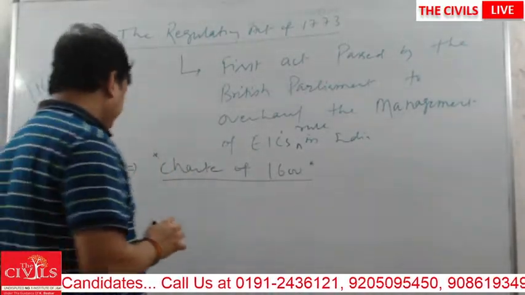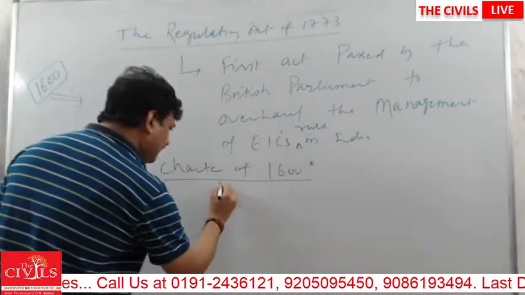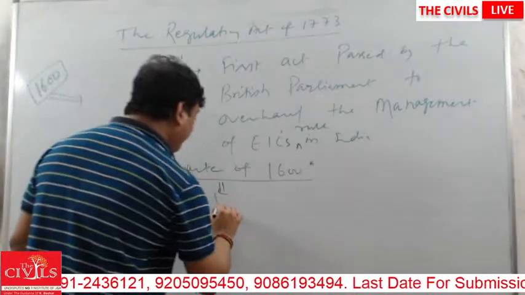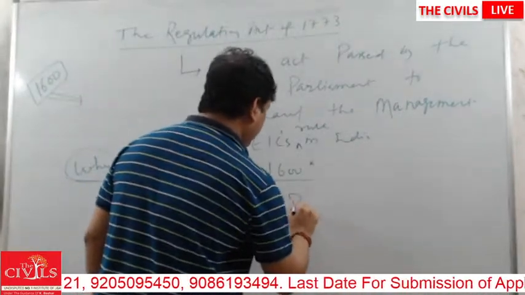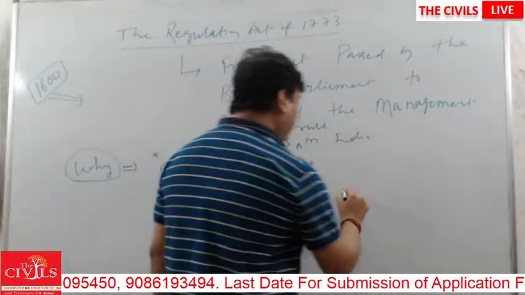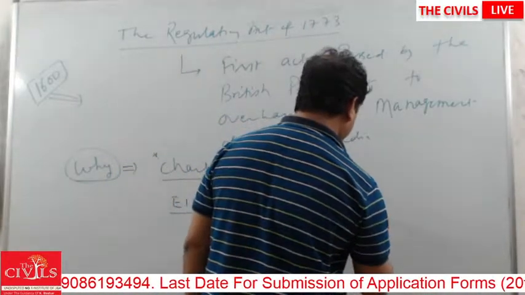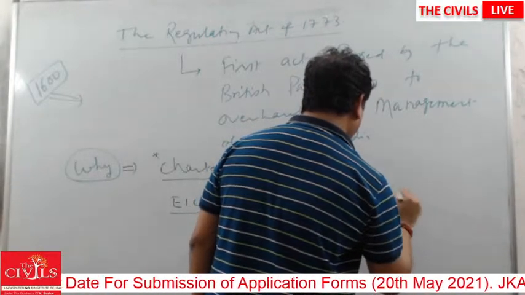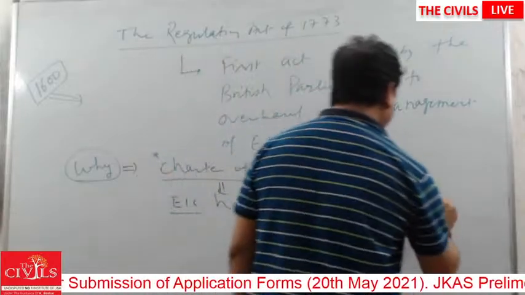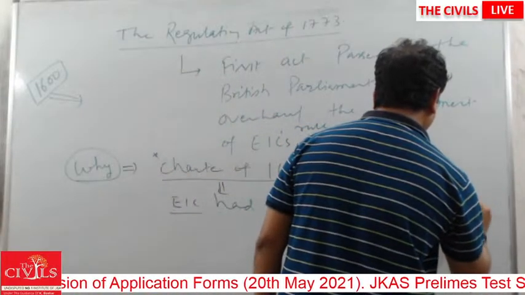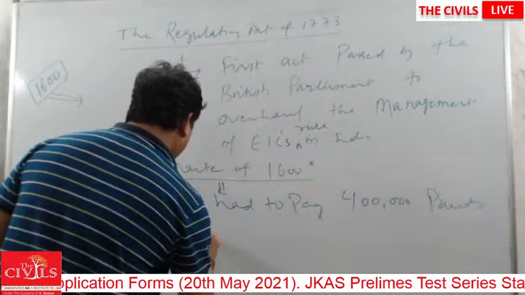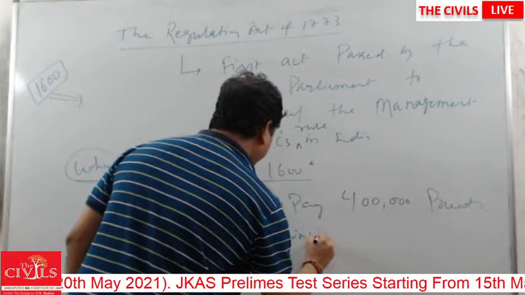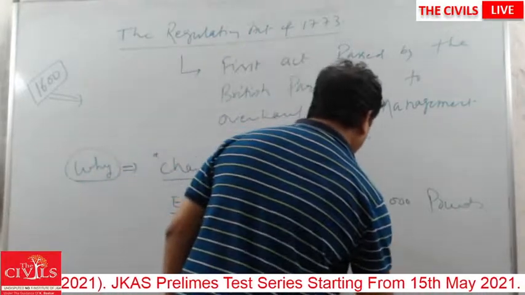According to this charter, the East India Company had to pay 4 lakh pounds yearly to maintain its trade monopoly.